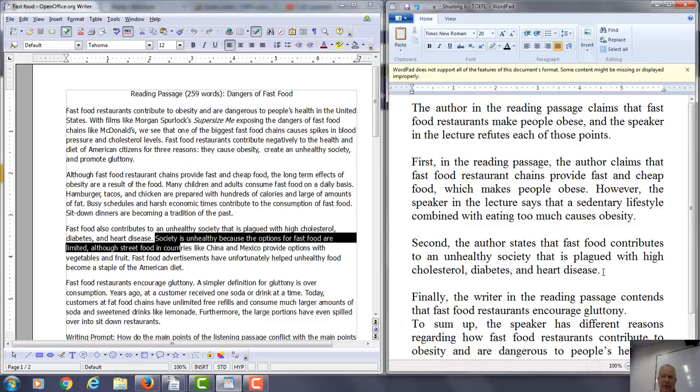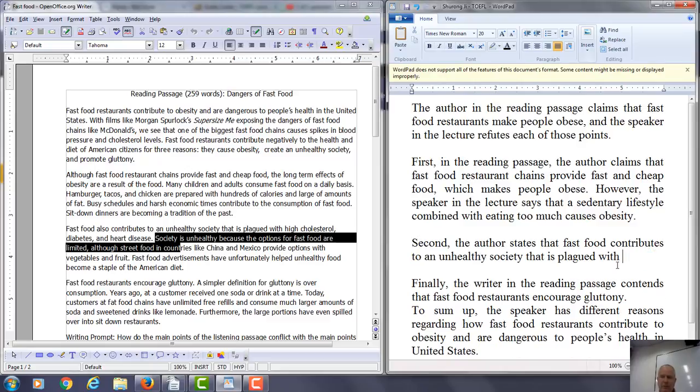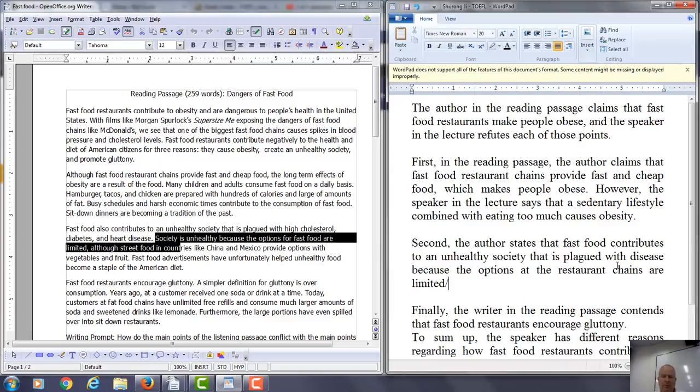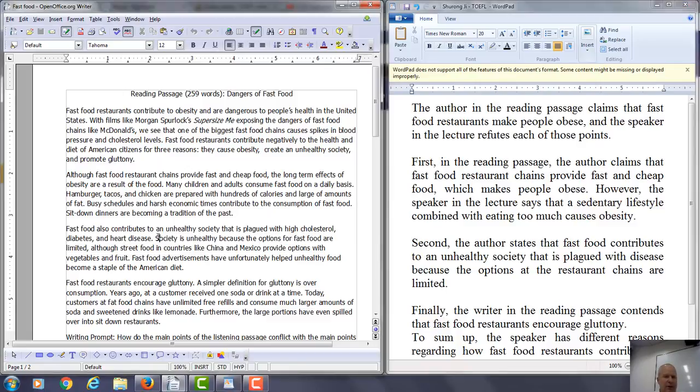So instead of saying all of this, you just say plagued with are limited, right? That's important. It's this second sentence that really is important here. And then you notice in the rest of the paragraph, the writer gives examples to illustrate that point.